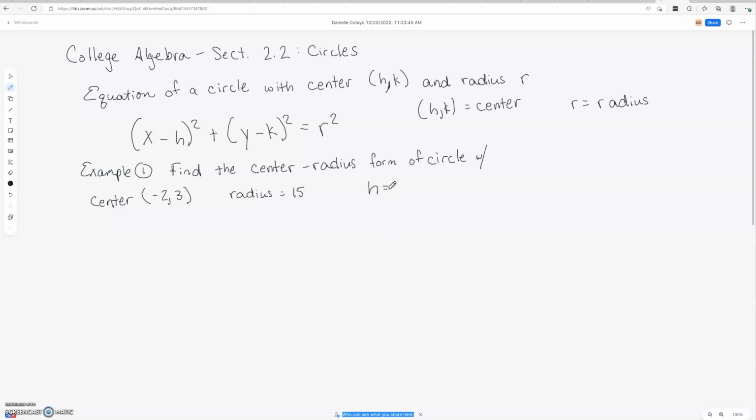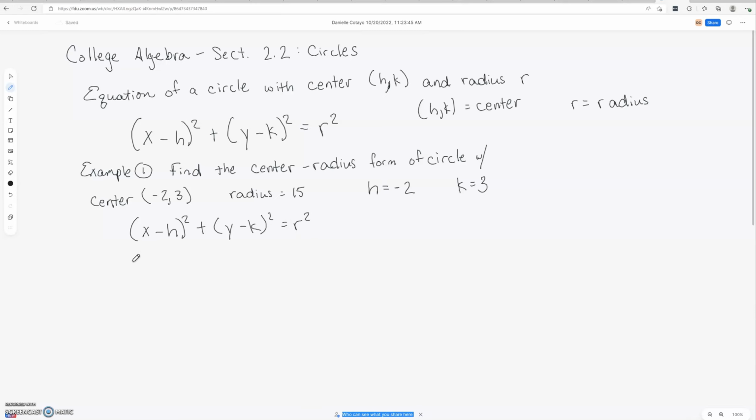First I'm going to go over here. I'm going to write my h is -2 and my k is +3. Okay, and then I'm going to rewrite my equation. (x minus h) squared plus (y minus k) squared equals r squared.